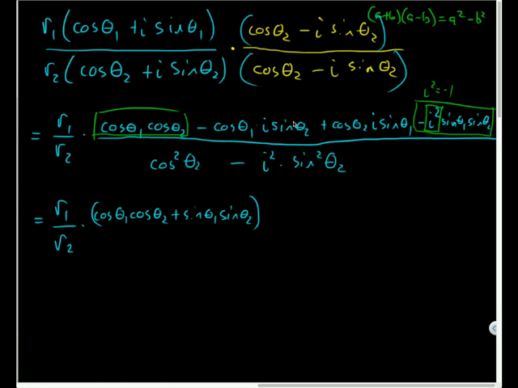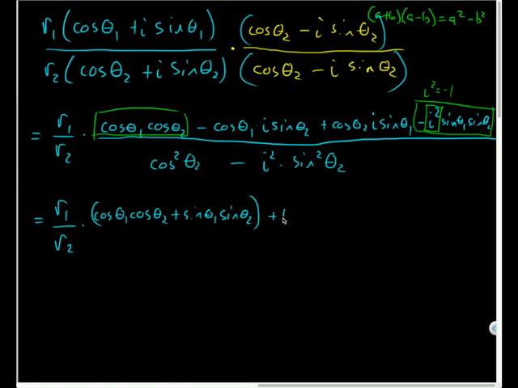And then let's see, this one, I'm going to factor out the i, and now I'm wondering how I want to handle this negative. Should I factor out a negative? No, I won't.